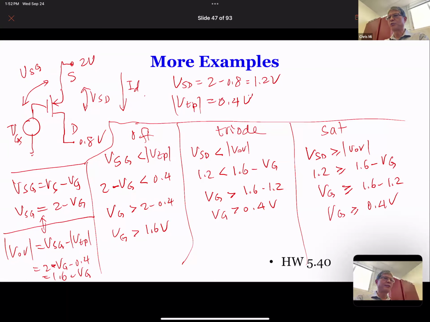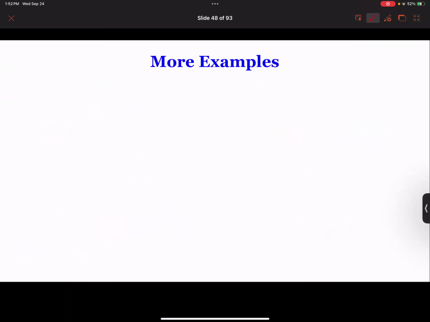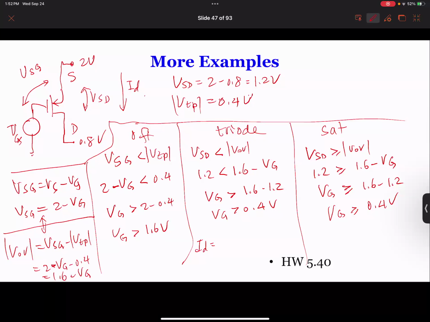Once you get to that point, it didn't ask for current, but you can certainly write down the current ID for each condition. In the triode region, we can write it as Kp' W over L times VSG minus VTP, times VSD, minus 1/2 VSD squared.